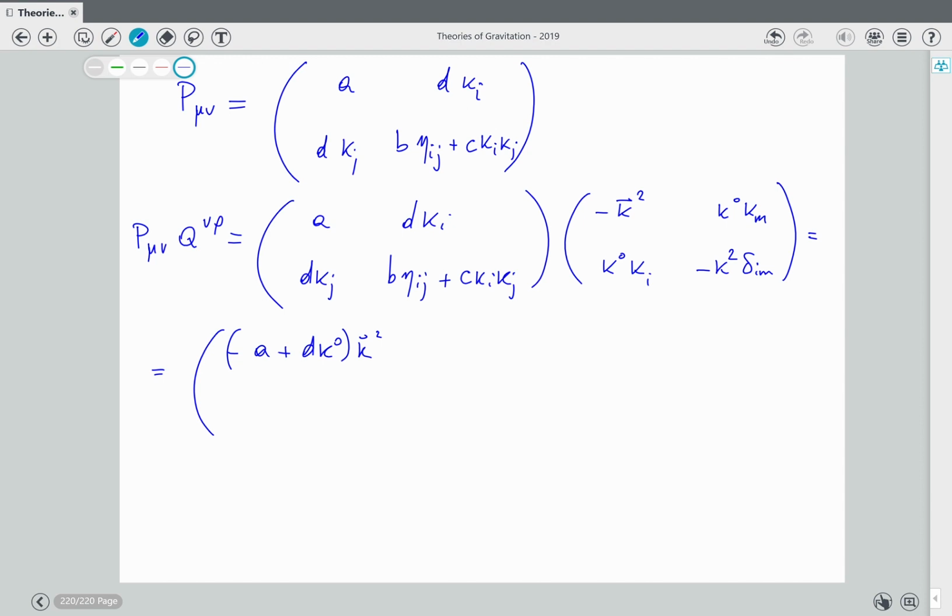Then we first row, second column. That is, there is a km that can be collected. Then you have a k0 minus dk squared. Right? A k0 minus dk squared. Then in the other case, you have to multiply this by that and that by that.